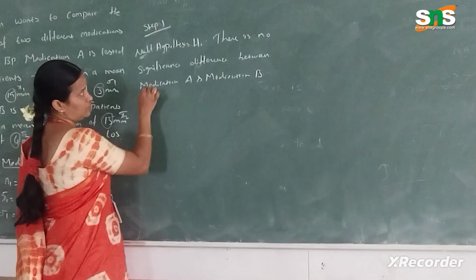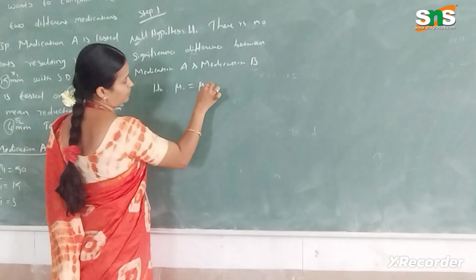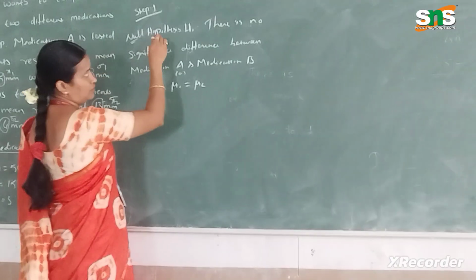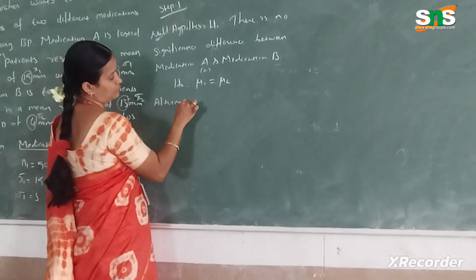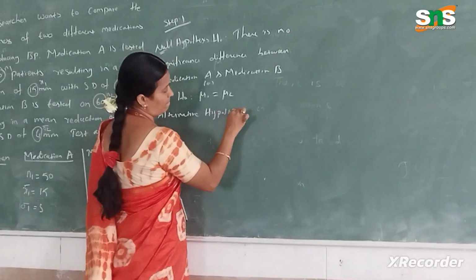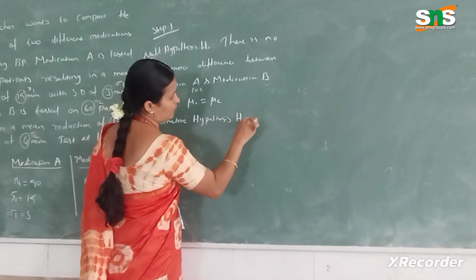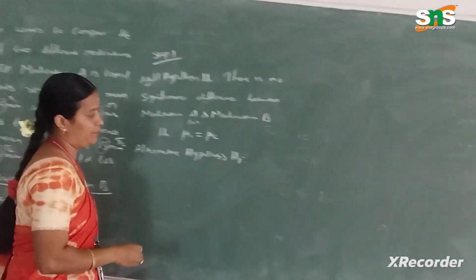The notation is mu1 is equal to mu2. Next, the alternative hypothesis, denoted by H1. What is the statement? This is a contradiction of the null hypothesis.